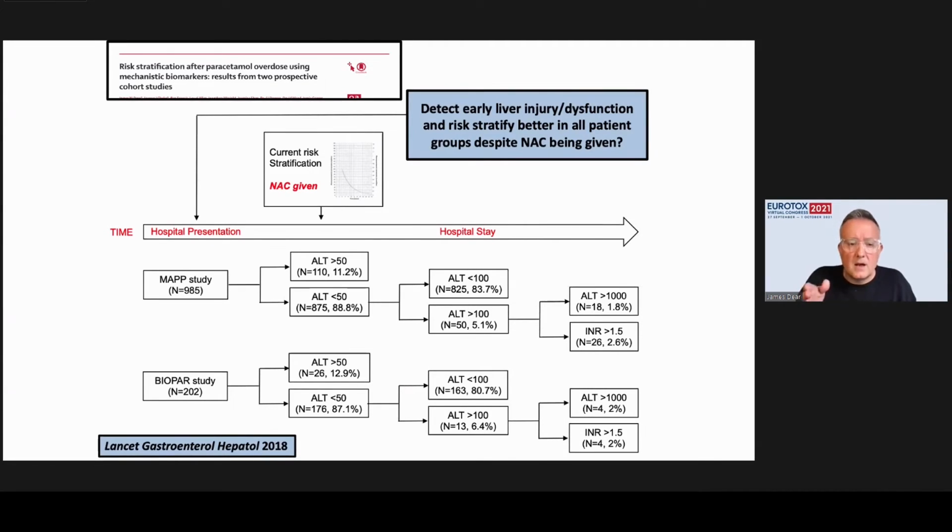So this is the blood that was taken after overdose to determine the paracetamol concentration. And then we followed the patient to determine whether they developed liver injury or not. And then we measured MIR122 and other biomarkers in this sample and asked the question, can these biomarkers identify who's going to develop liver injury early on before ALT is raised?